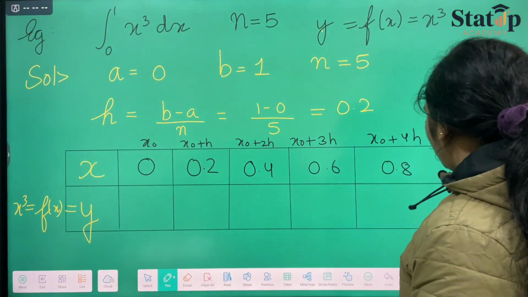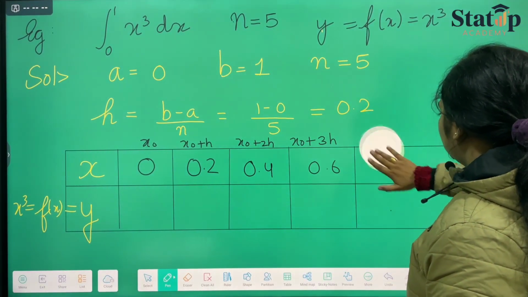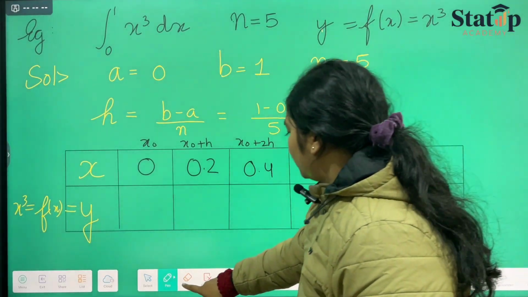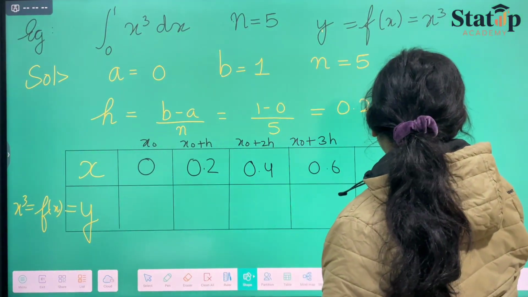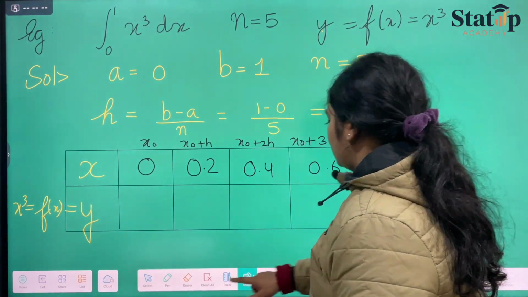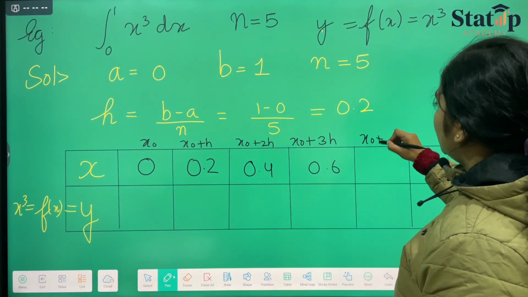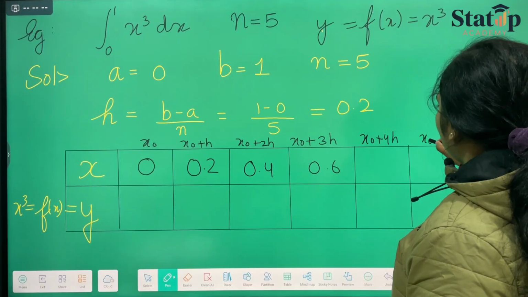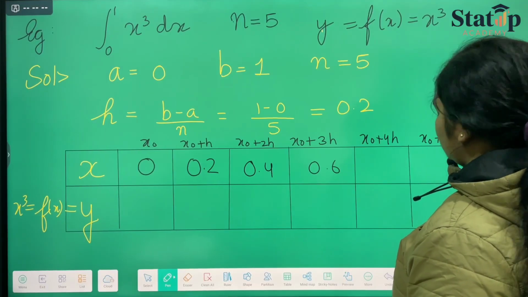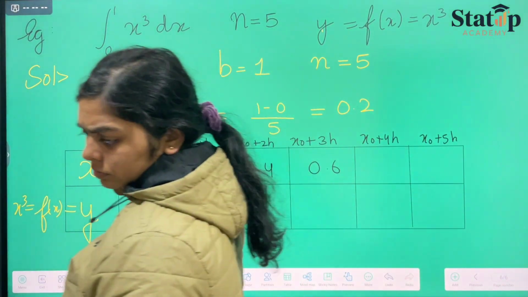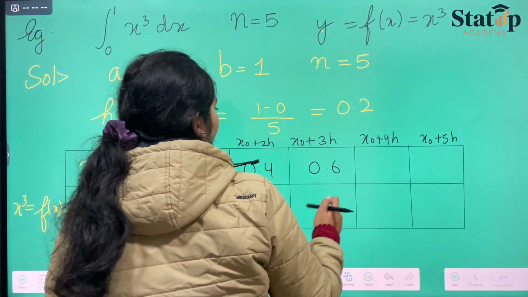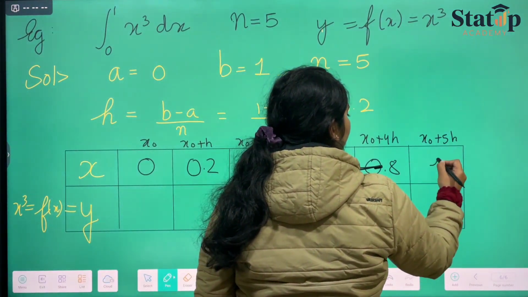And there should be one more column. We have to get it up till x naught plus 4h, x naught plus 5h. So it will be 0.8 and 1.